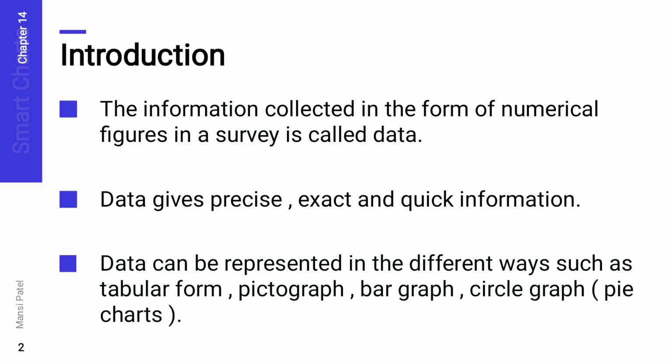If you are collecting that data from any place, then you can represent this data in different ways. How? In the tabular form, in the form of pictograph, in the form of bar graph, or in the form of circle graph. The circle graph is known as the pie chart.